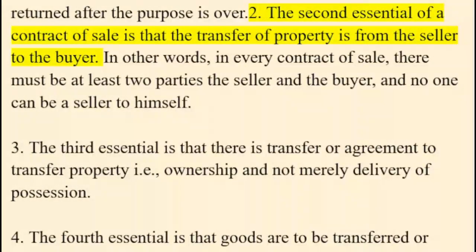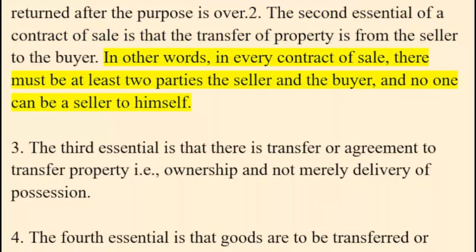Two. The second essential of a contract of sale is that the transfer of property is from the seller to the buyer. In other words, in every contract of sale, there must be at least two parties, the seller and the buyer, and no one can be a seller to himself.